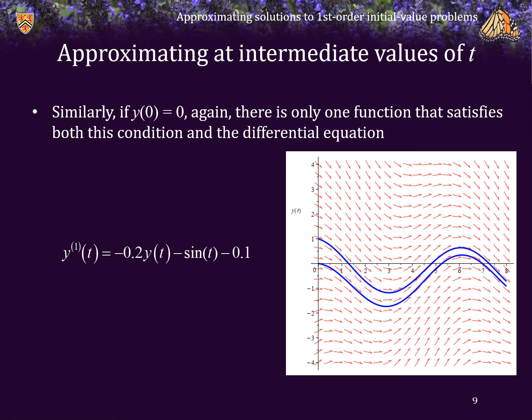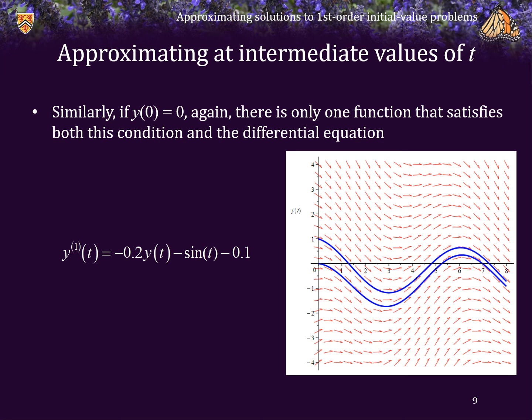Alternatively, if you were to specify the initial condition y at 0 is equal to 0, then once again there's a different function, and again only one unique function that satisfies both that initial condition and the differential equation.